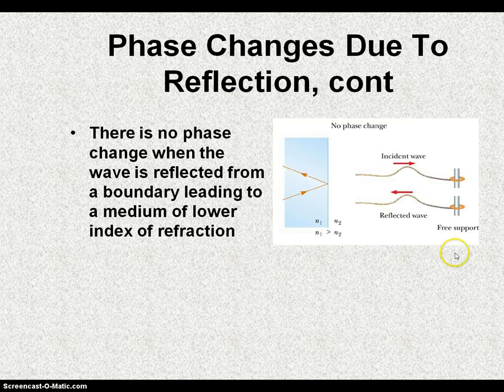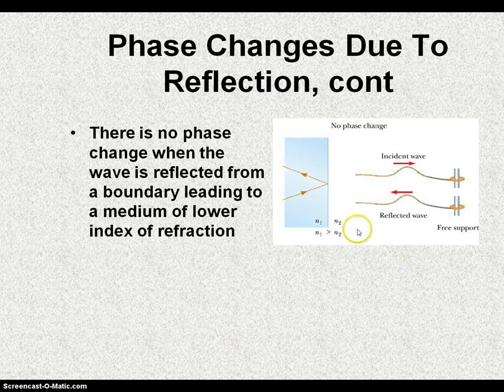Now, if we look at this example, this is when we look at a free support. So this is not fixed. The end of the rope here can move as the wave goes here. We actually don't see that superposition when it's reflected back. It maintains its same direction.